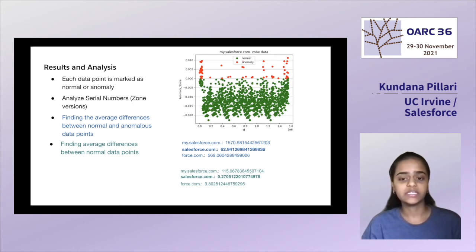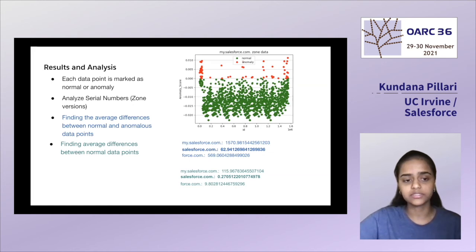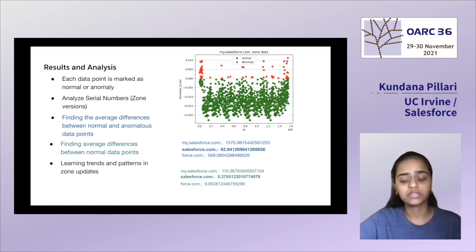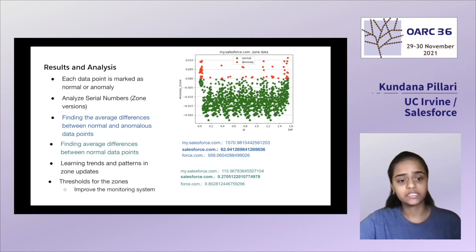This gives you an idea of how much lagging there is and how different it is for all 3 zones. Using the output from the model, we can learn different trends and patterns in our zone updates, and more specifically, get the thresholds for our zones, which we can integrate in our monitoring system.